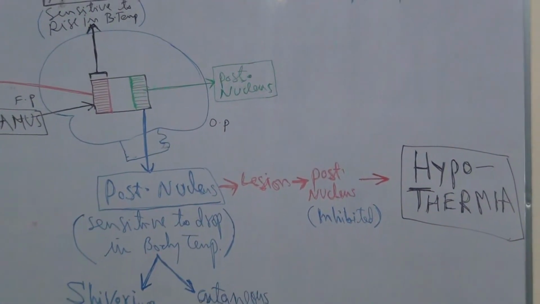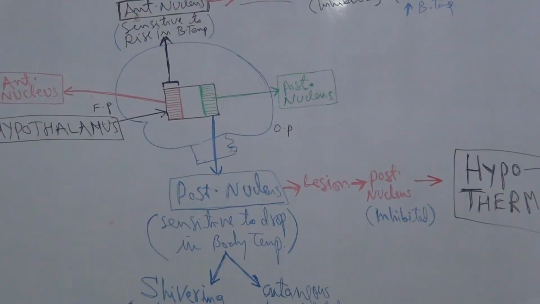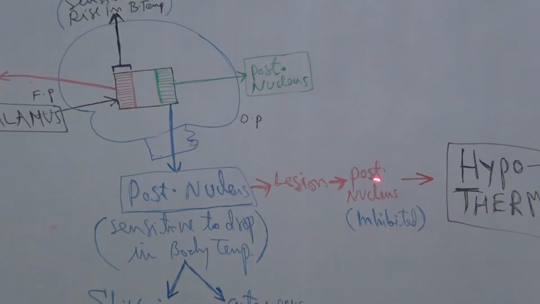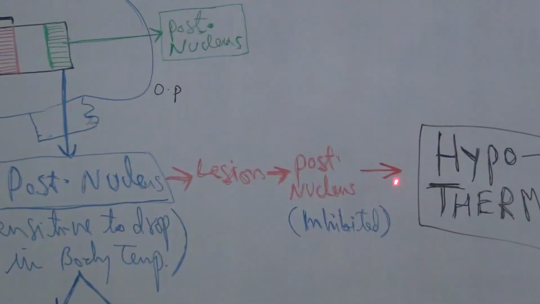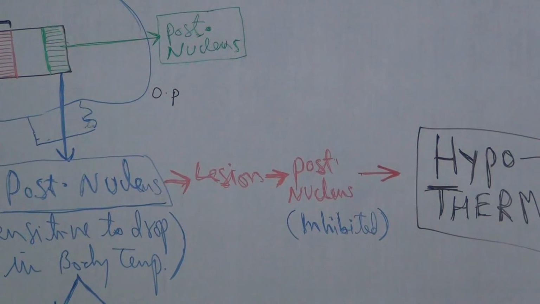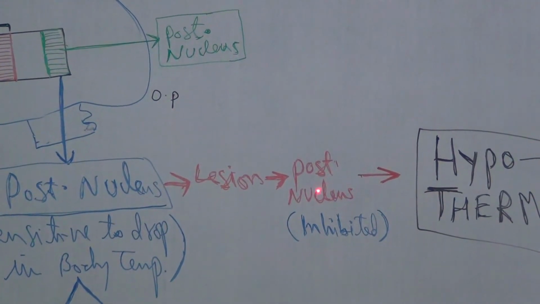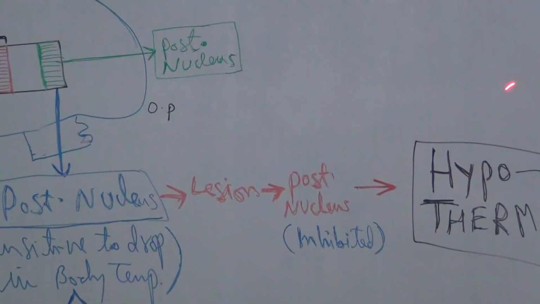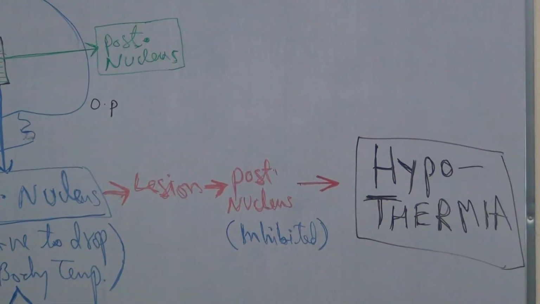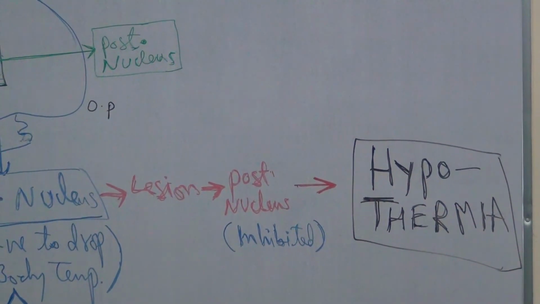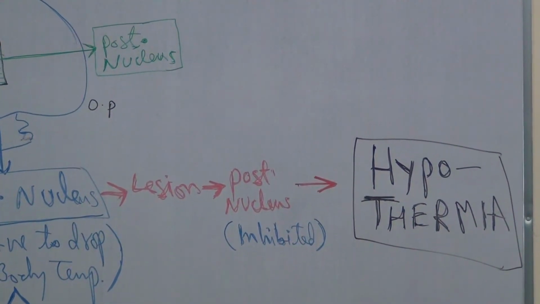Thus, when the posterior nucleus is damaged, it is inhibited. Therefore, the anterior nucleus will become activated, and the anterior nucleus will lower the body temperature. Therefore, the body temperature falls, and it results in hypothermia.